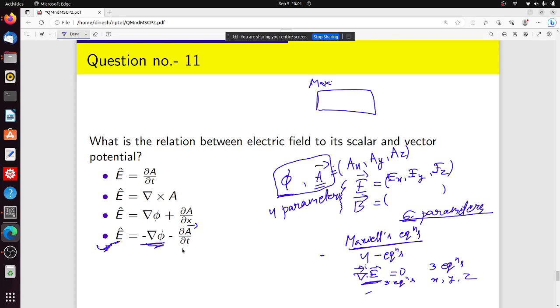The time derivative of the vector potential combined with the space variation of phi will give you the electric field, right? It's a vector, actually it's not an operator. So this is the right answer.